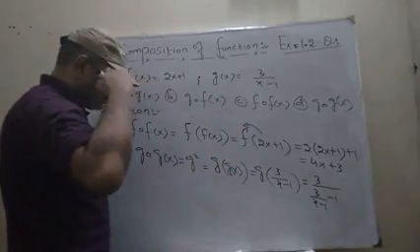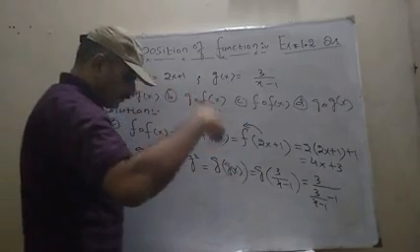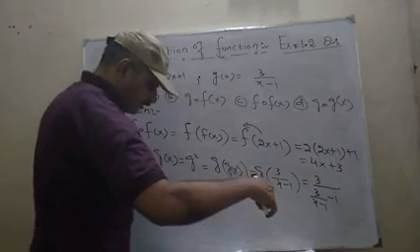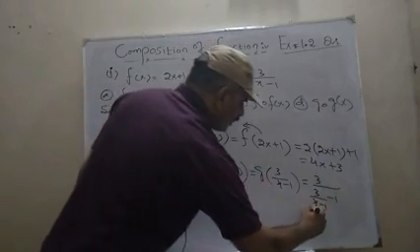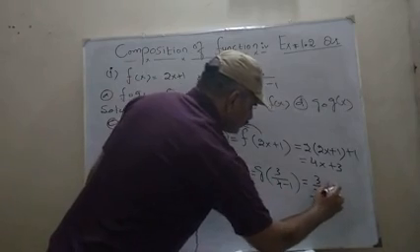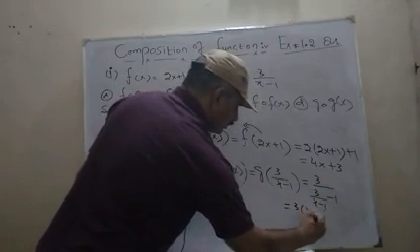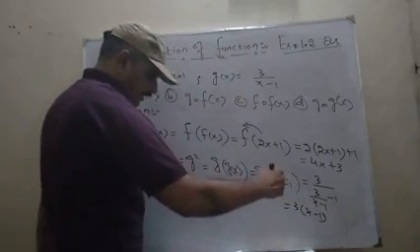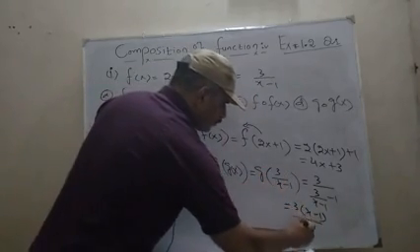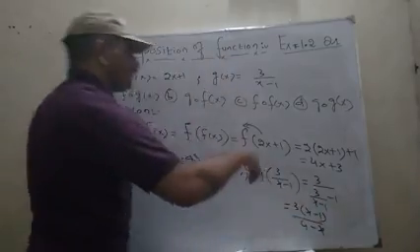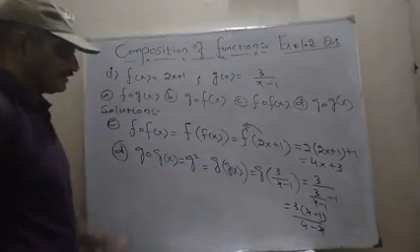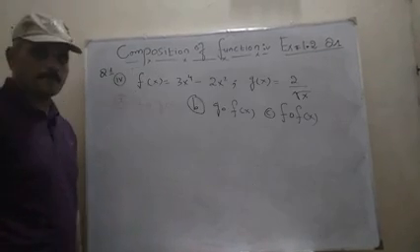The final result for g of g, after simplification, you will get 3 times x minus 1 over 4 minus x. You can verify the result by yourself. It is a simple algebraic calculation.